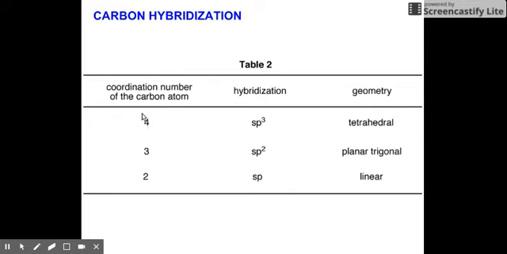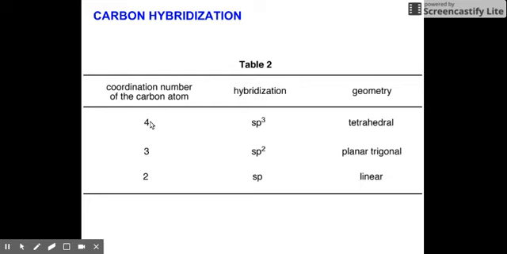So if you have four surrounding atoms, just like the CH4 I showed you, it's going to be an sp3, one from s and three from the p orbitals. So a total of four. That's why you have four terminal atoms. One s from the carbon and the three p's will all share, forming bonds with four surrounding atoms.